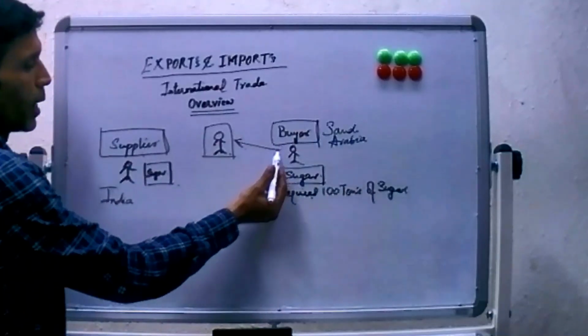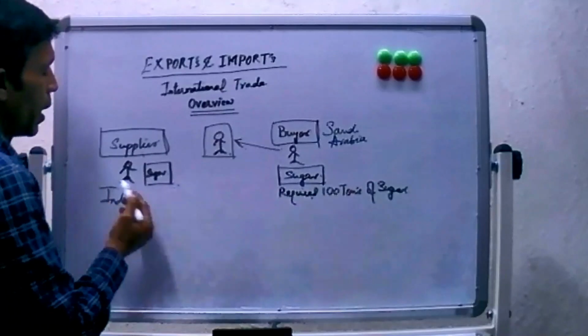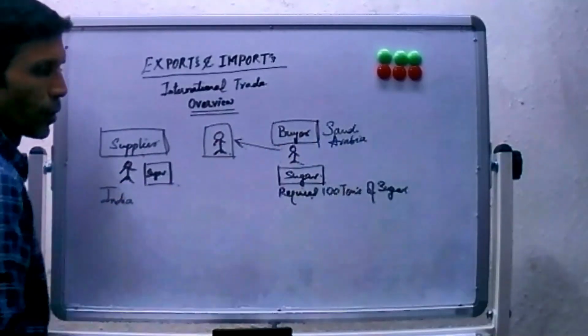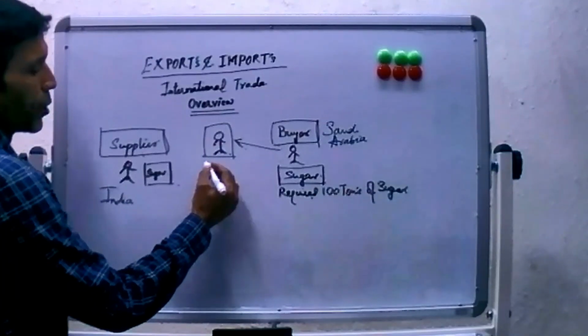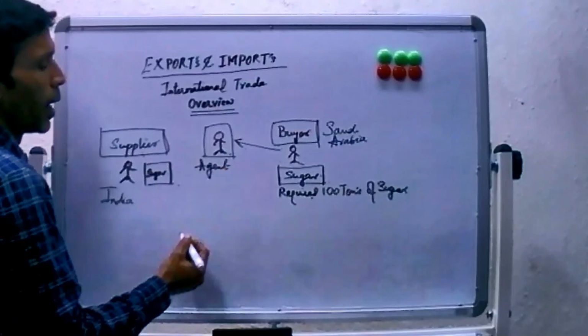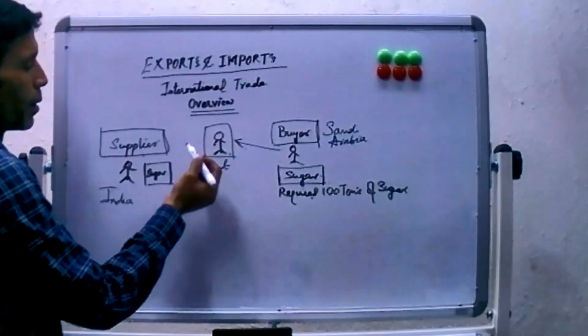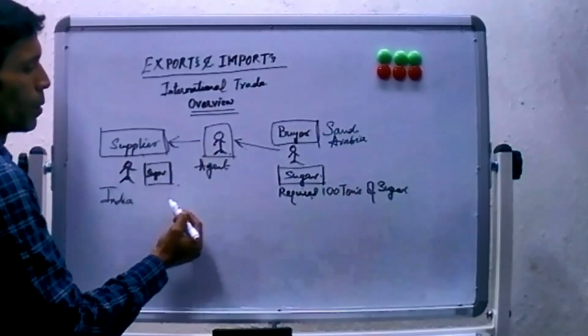This buyer has a requirement for 100 tons of sugar, the supplier is from India and the buyer is from Saudi Arabia. Let us say you are the agent and you come to know about this requirement of the buyer, and you know this supplier.